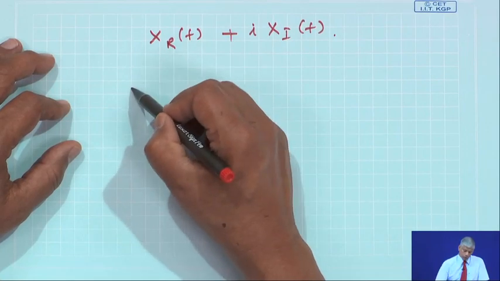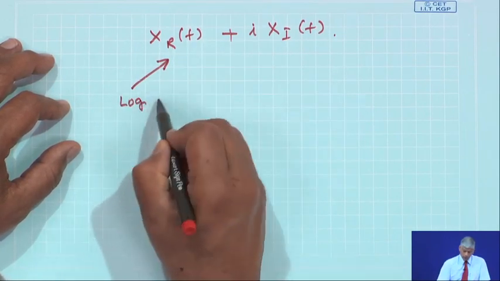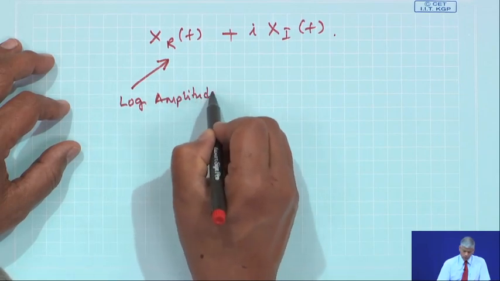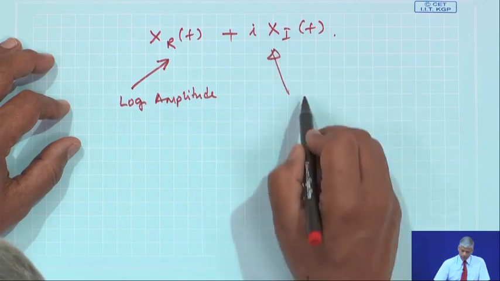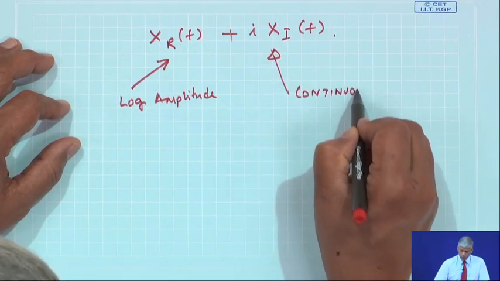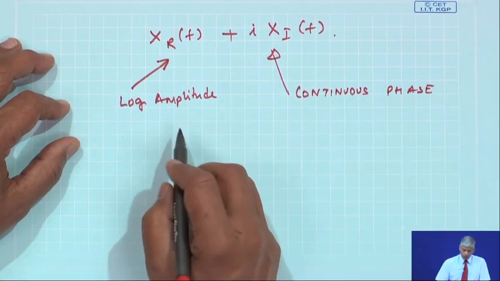So, to this I give the logarithmic amplitude of the signal, and to this I make it a continuous phase. So, what is log amplitude of the signal?